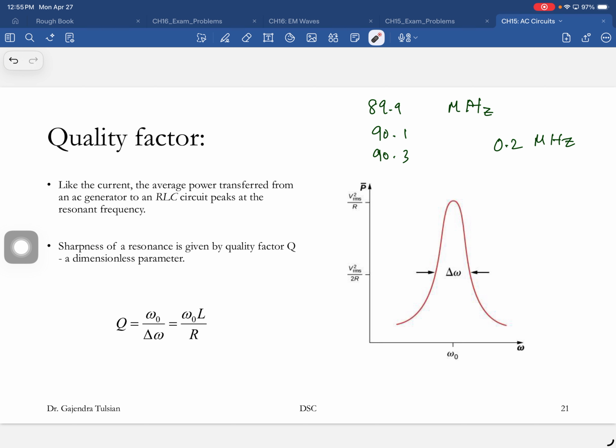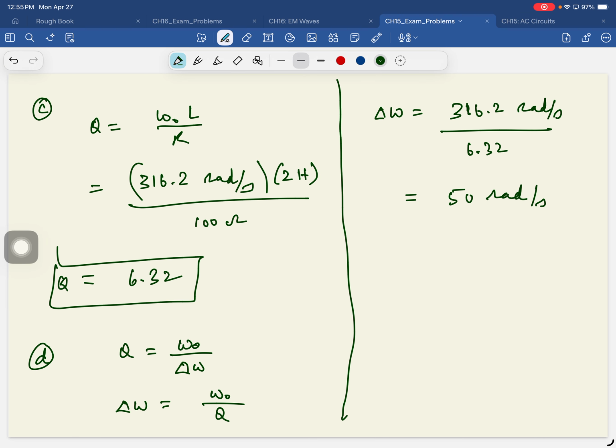So let's write that down. The frequency range is 316.2 plus or minus 25, so from about 291 to 341.